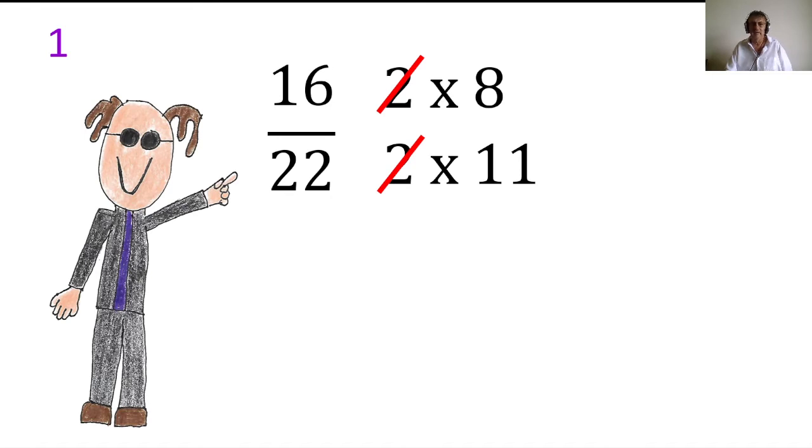That now leaves us 8 over 11. Well, 11 is a prime number and cannot be factored, so the answer is 8/11ths. 16 over 22 can be simplified to 8 over 11.